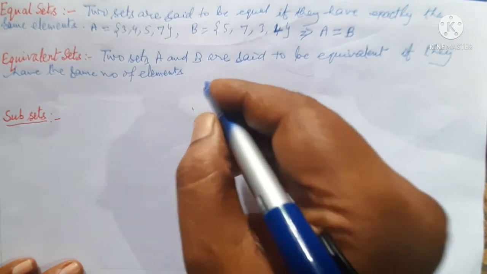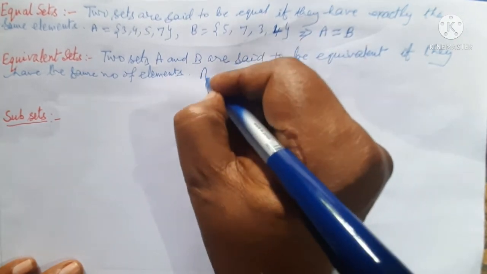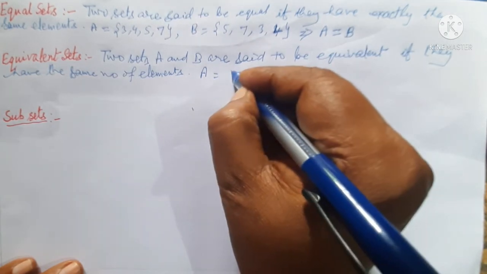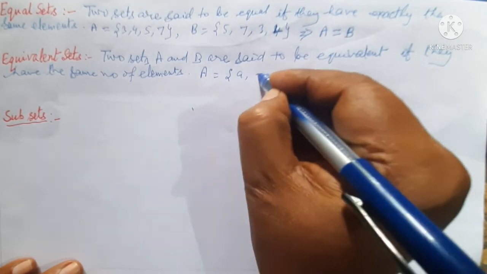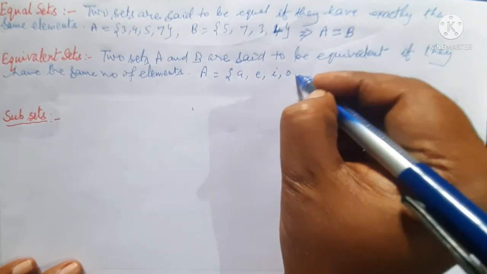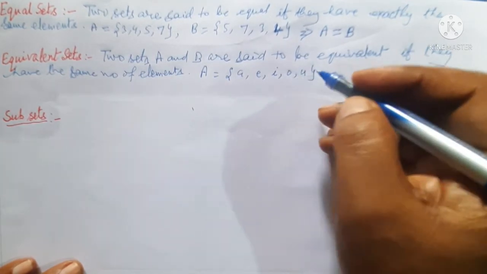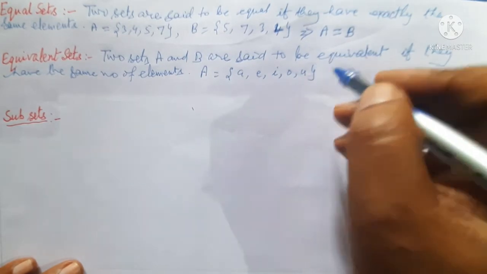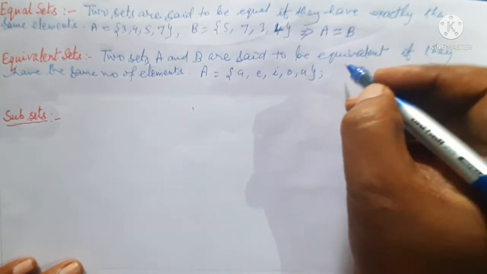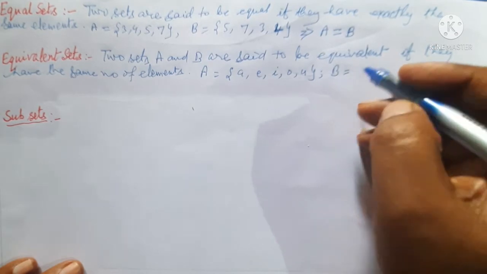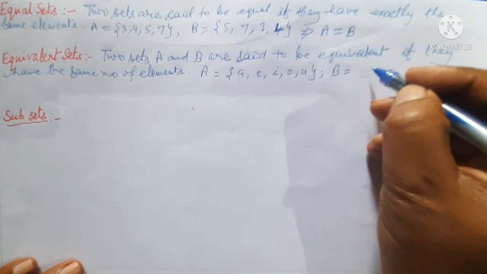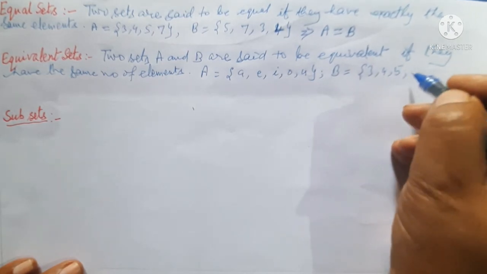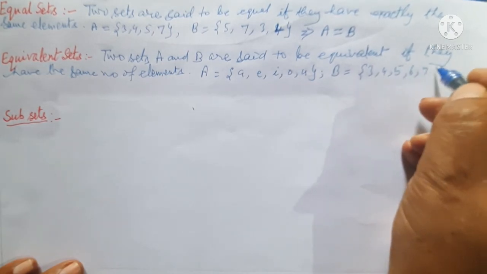Let us see an example. Set A has elements A, E, I, O, U. All right, there are 1, 2, 3, 4, 5 elements. And let us say set B has elements 3, 4, 5, 6, 7.